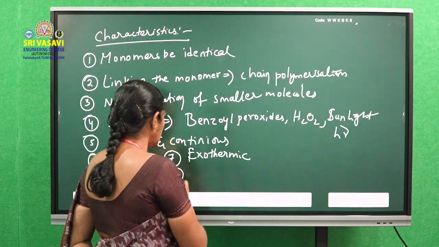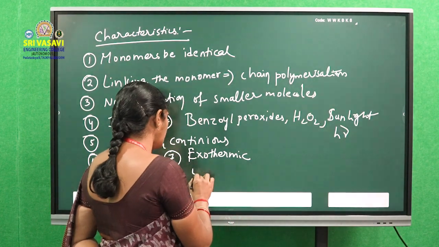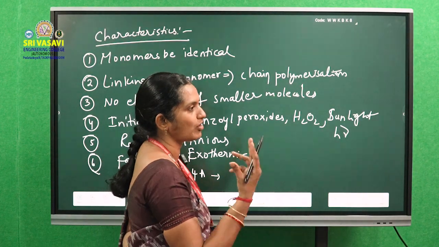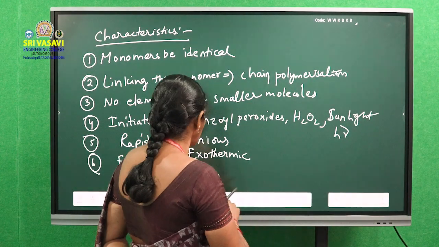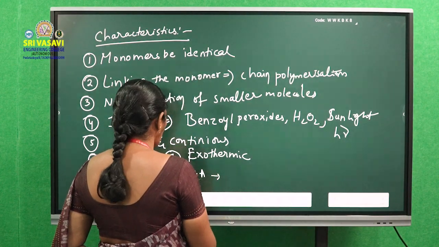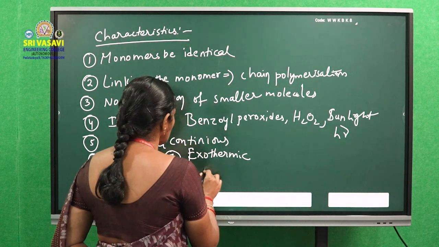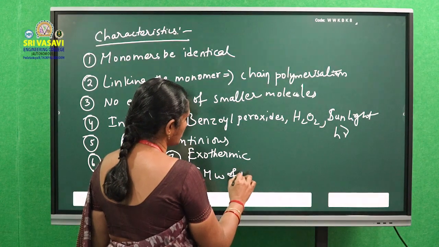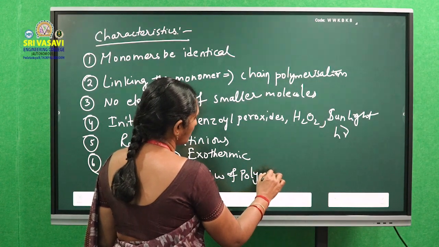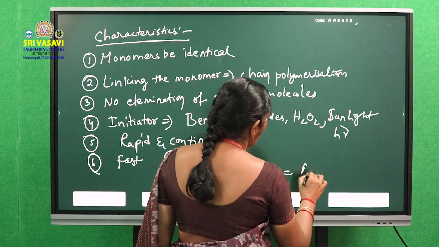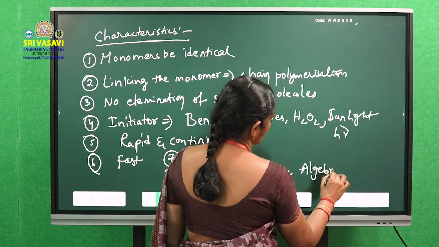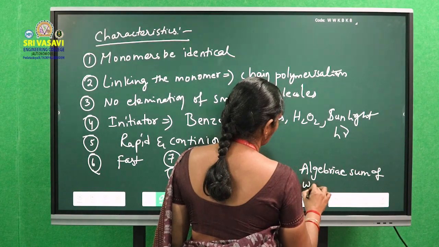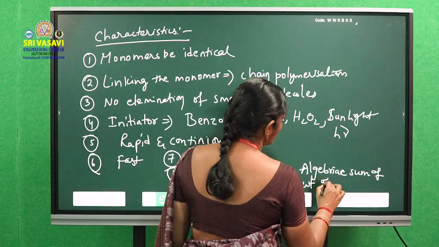Next, what is the next one? I have taken 4 molecules of A and formed a polymer. What is the gram molecular weight of the polymer? The gram molecular weight of the formed polymer is always equal to the algebraic sum of the molecular weights of the monomers.